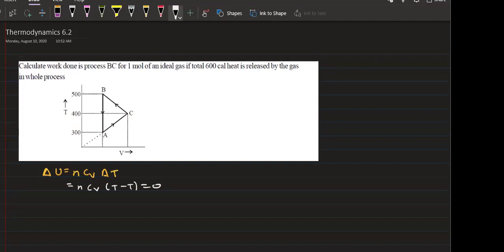Now, when we talk about work done, it will be work done in BC, then CA, then BA. Now Q is also given. Since delta U is zero, and delta U is equal to Q plus W, so Q is equal to minus W in case of all the processes.